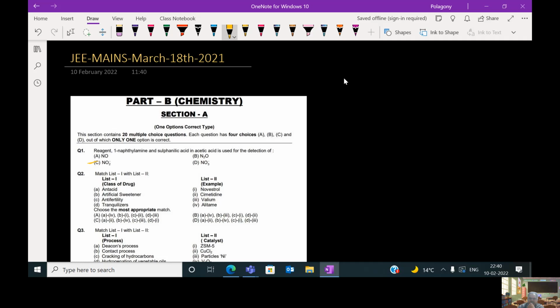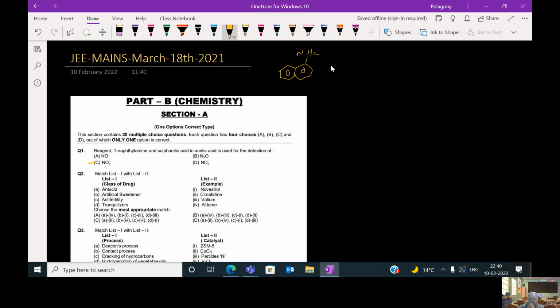1-naphthylamine can be written like this structure, with NH2.